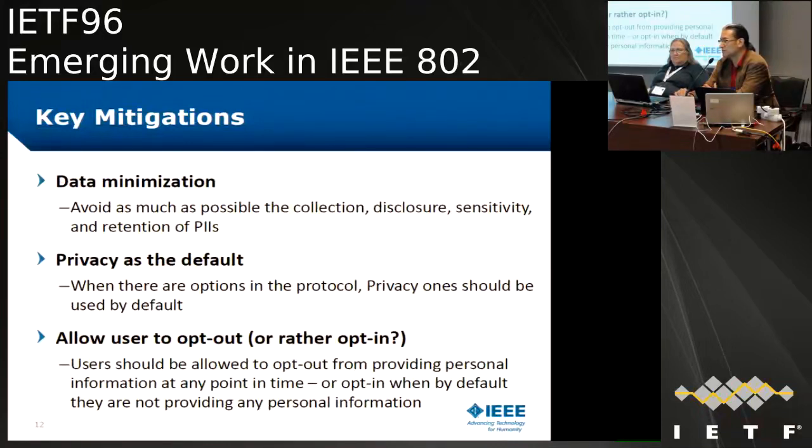Well, first of all, data minimization. So if you don't need it, you should not necessarily have it or produce it. So avoid as much as possible the collection, the disclosure, sensitivity, and retention of PIIs. Make sure, again, that privacy is the default in our protocol. It's not an option that we have to turn on. And we want to make sure that the user is allowed to opt out, or in this case, it could be opt in. You know, if we come back to the question before, does the user want to be tracked?